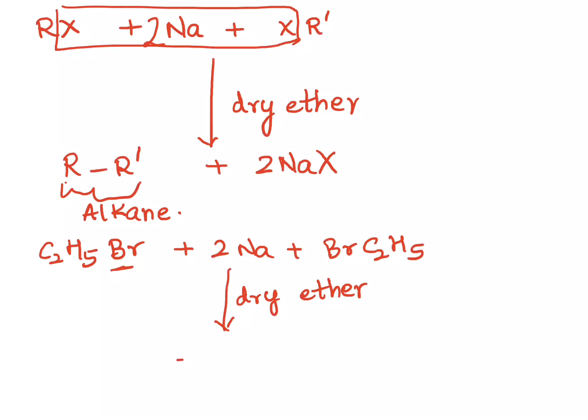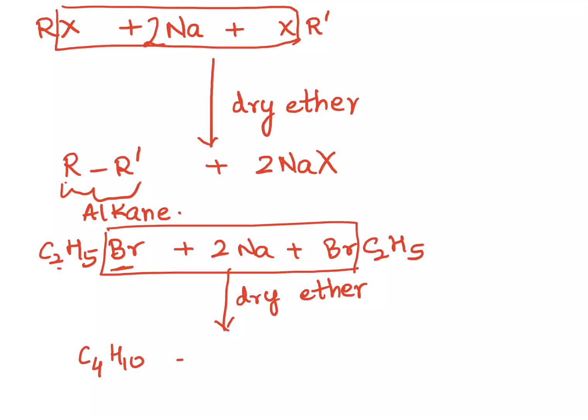Okay, here we are not talking about the stereochemistry at all. Go ahead, make the box, and what do we get? C2H5 single bond C2H5, which gives me C4H10. And what is C4H10? Very good, it is known as butane.